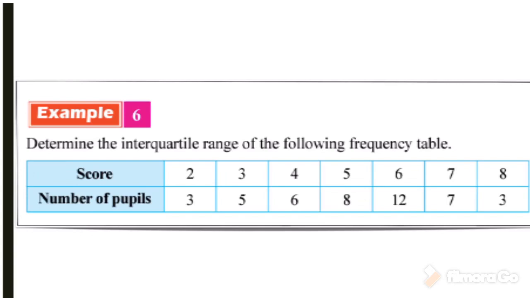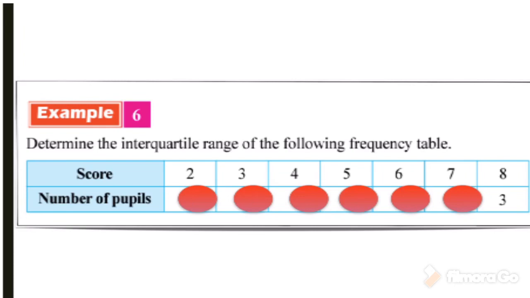You are given the scores 2, 3, 4, 5, 6, 7, 8. There are 3 students with score 2, 5 students score 3, 6 students score 4, 8 students score 5, 12 students score 6, 7 students score 7, and finally 3 students score 8.